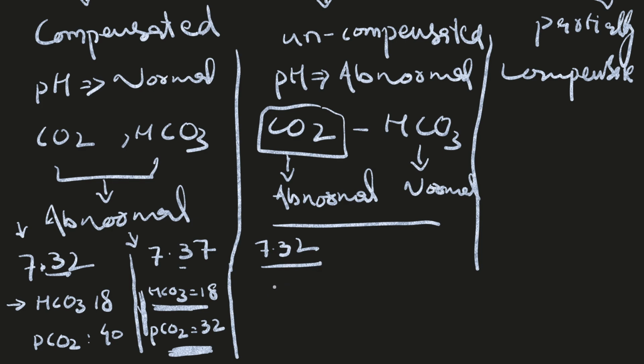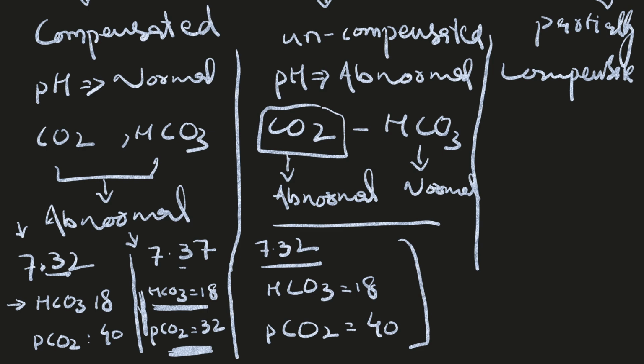Now, one of them, for example this HCO3, is 18, so it becomes metabolic acidosis. The other component will still be normal. This condition is uncompensated metabolic acidosis.